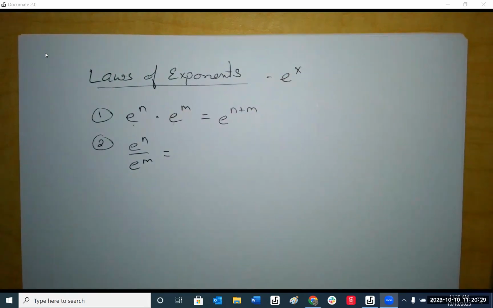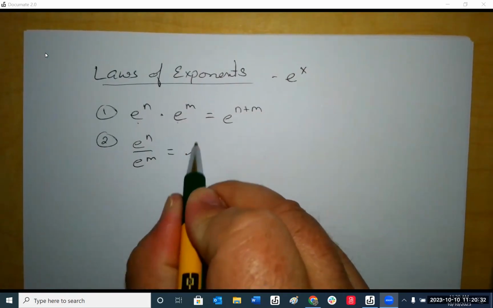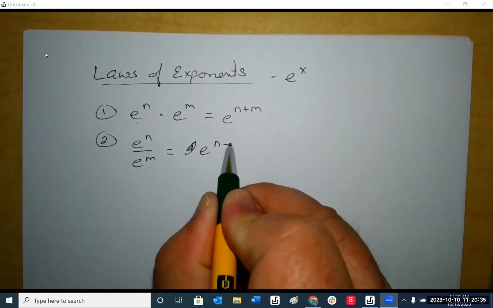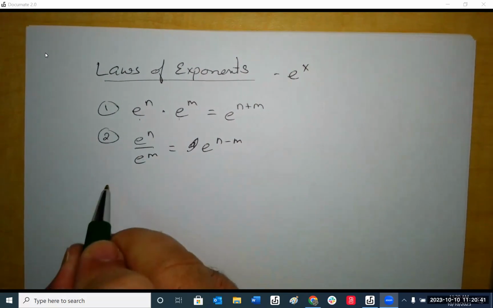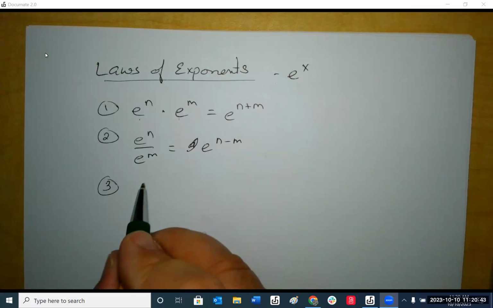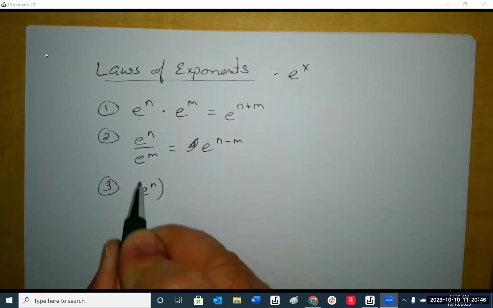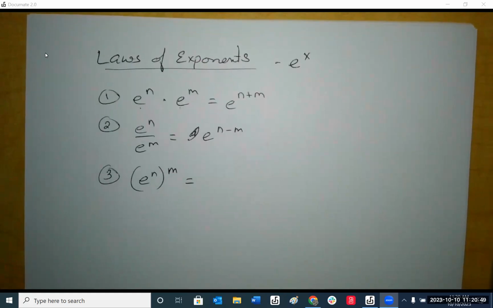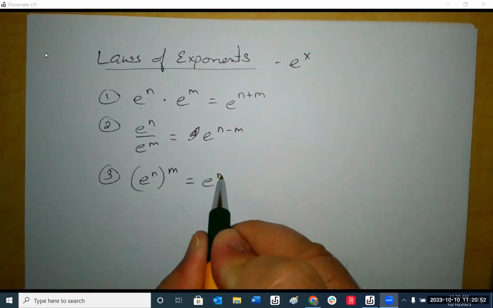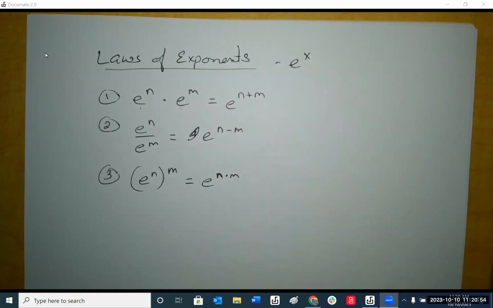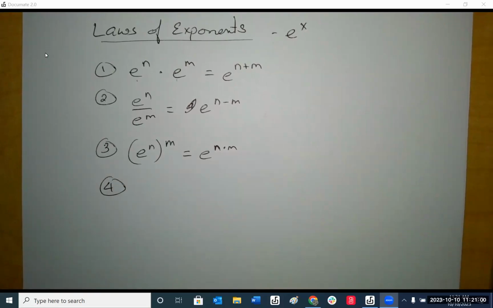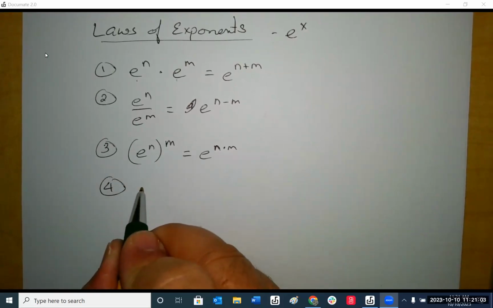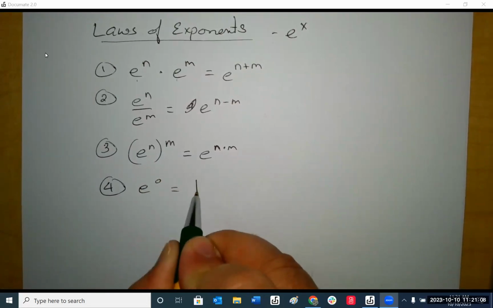When you're dividing the same bases, you subtract the exponents. If you have an exponent to an exponent, you multiply the exponents. Anything to the 0 power is 1.